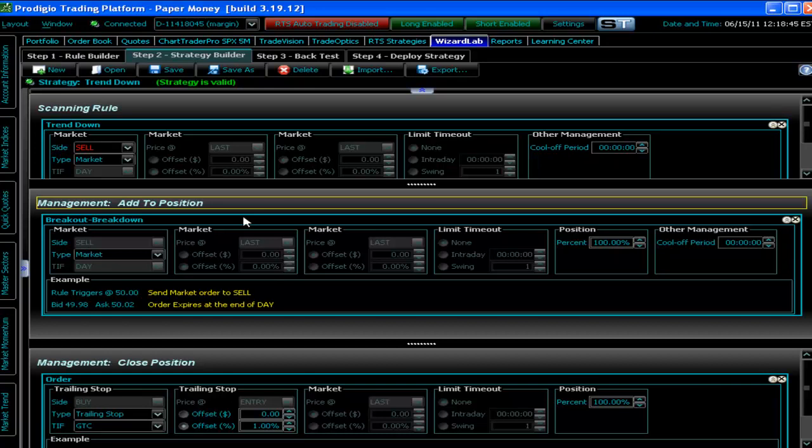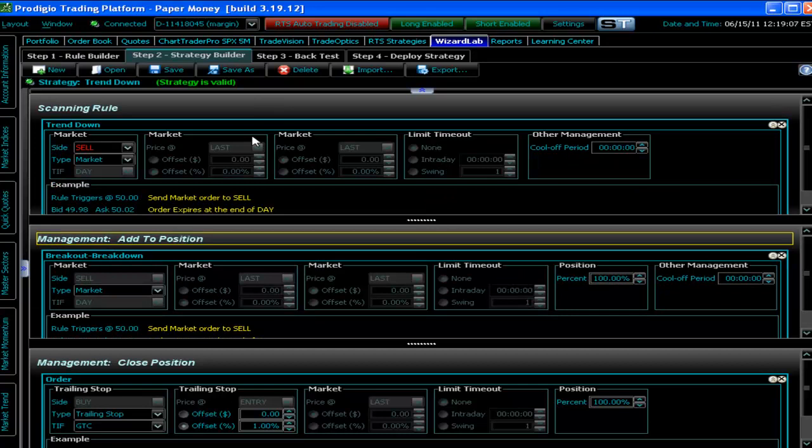Because this system also has risk management incorporated into it, the add to position will only kick in if the position is still in the entry mode. All positions that are managed by the Prodigio robotic system have different states, and in fact it's governed by a state machine. When a position is entering, it's considered being in the entry state.